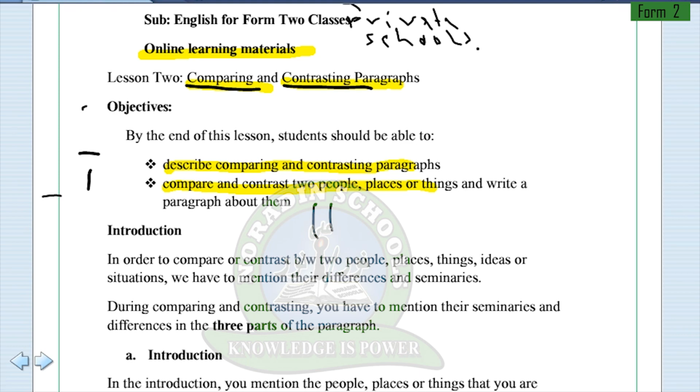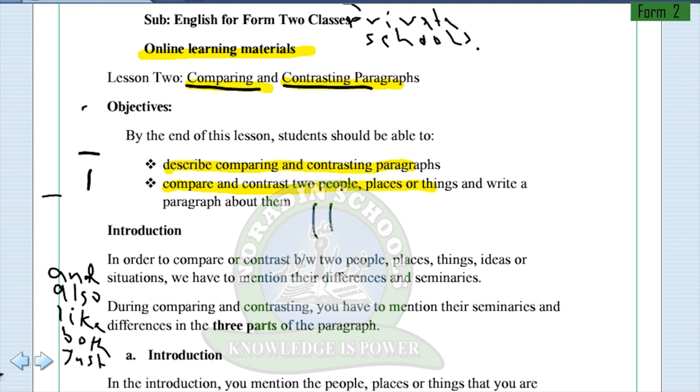There are some words or phrases which you need to know in order to compare two things, two people, and so on. For example, if I'm comparing something, I can use and, also, like, both, just as, and so many others.